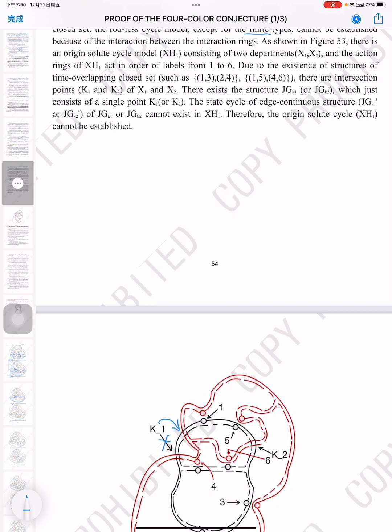Due to the existence of structures of time overlapping closed set, there are intersection points K1 and K2 of X1 and X2. There exists the structure JGK1 or JGK2, which just consists of a single point K1 or K2. The state cycle of age continuous structure JGK1' or JGK2' of JGK1 or JGK2 can't exist in XH1. Therefore, the origin-slot cycle XH1 can't be established.